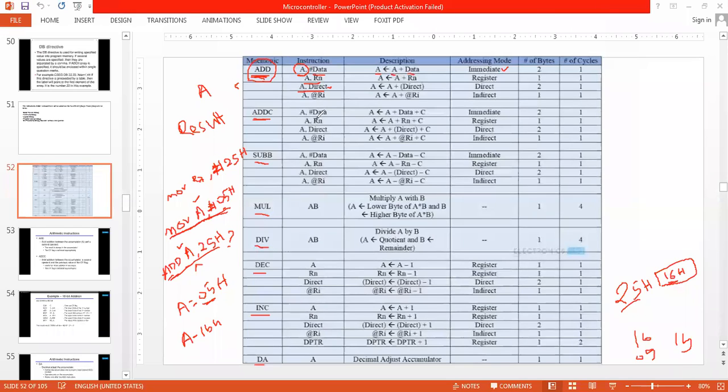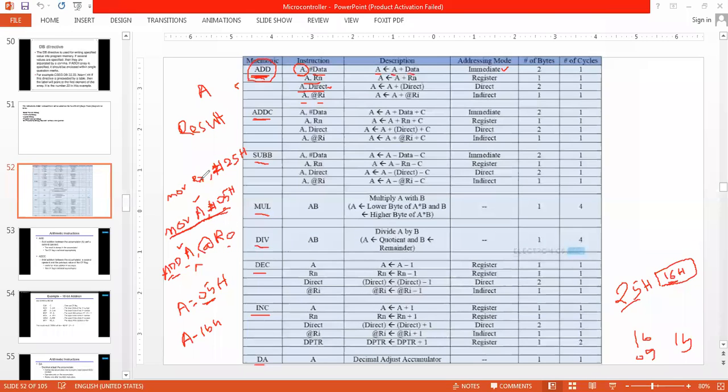Then I have one more instruction here: ADD A comma @Ri. And I know that in the place of Ri, I can write either R0 or R1. So what will I write here? @R0.